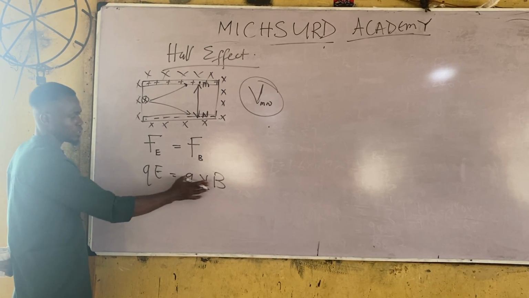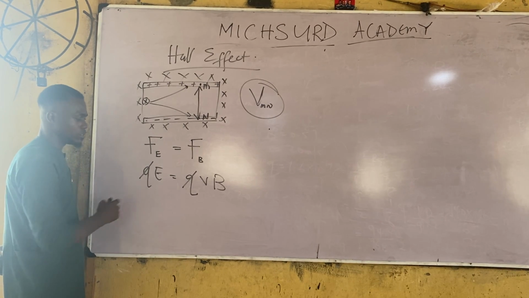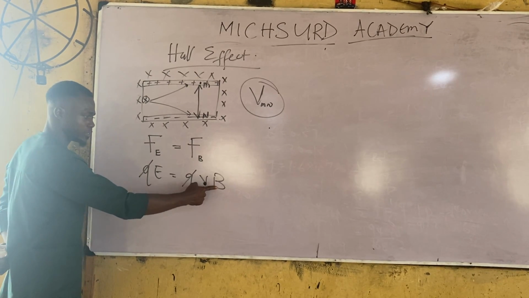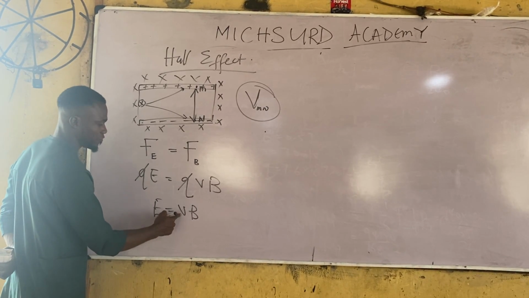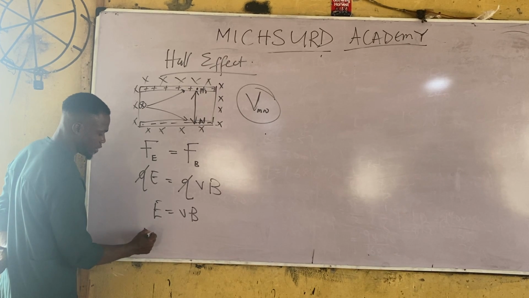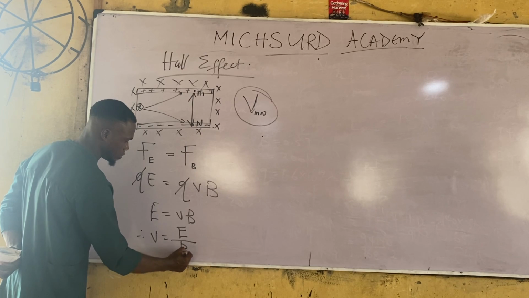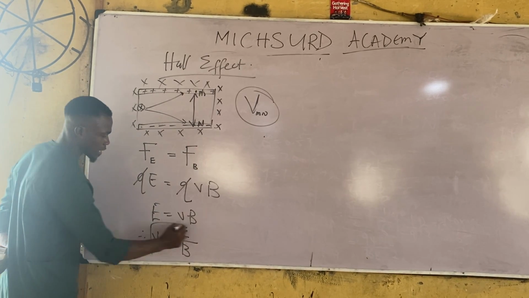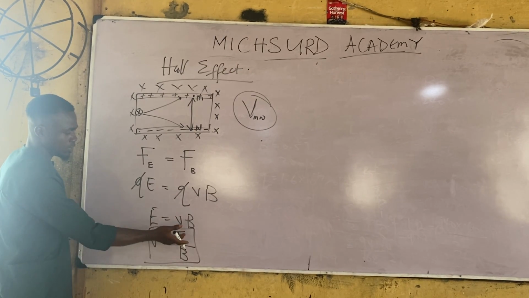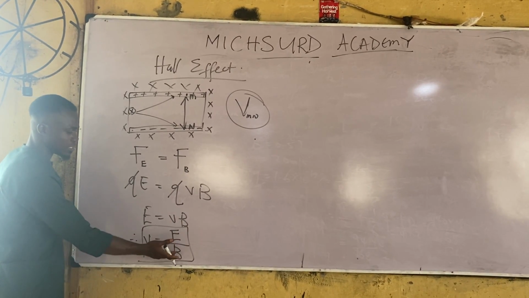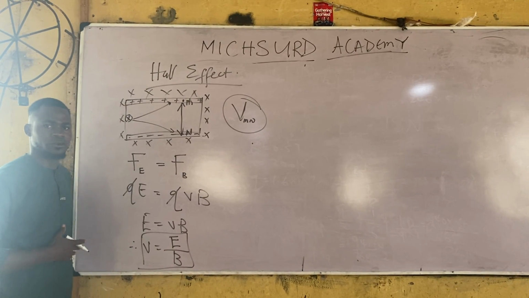So when these two are equal, the charge Q will cancel out. So what we have is E equal to vB, which we can make v the subject of the formula. Our v, which is the velocity of the charge, is equal to E all over B. So with this, I can calculate the velocity of the charge simply by getting the electric field and the magnetic field. If I divide them, I have gotten the velocity of the charge.